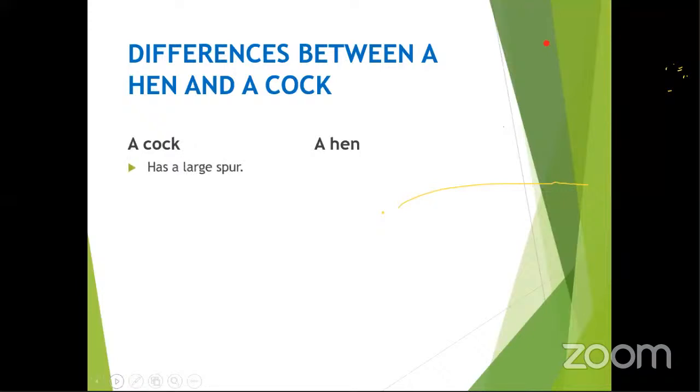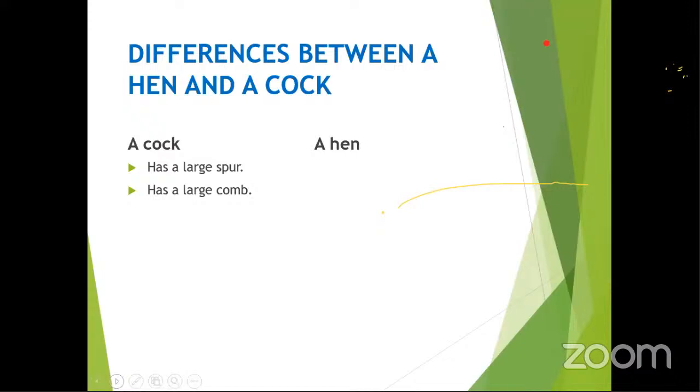So let's take a look at these ones for the side of the cock. A cock has a large spur. When a cock has a large spur, it means that a hen has a small spur, and sometimes you cannot see the one of a hen because it is poorly developed, too small.